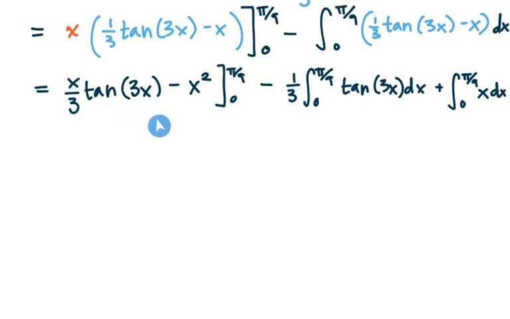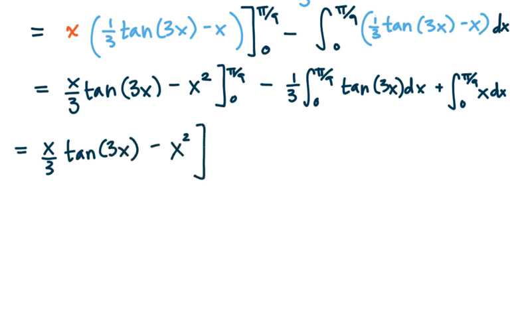So continuing along, I'm just going to bring this first piece down. I have x over 3 tangent of 3x minus x squared. Again, all of that's going to be evaluated between pi over 9 and 0, minus 1/3. So now I need to integrate this piece right here that I've just underlined in green.